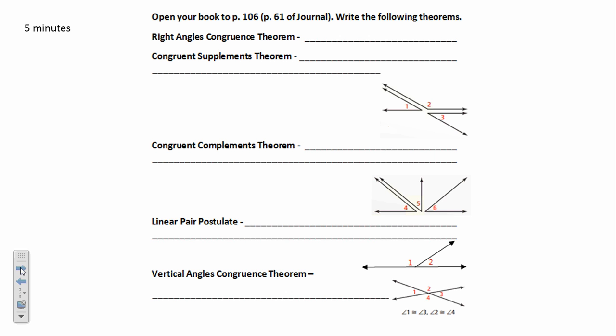Okay, that's what I want you to write in that blank. If you want to abbreviate congruent by using the congruent sign, that's perfectly fine. Okay. All right angles are congruent. Right angle congruence theorem.